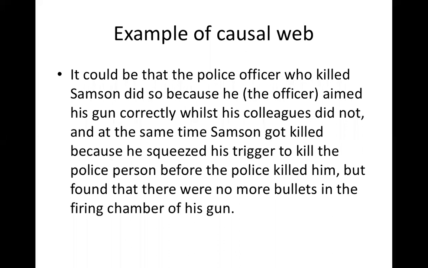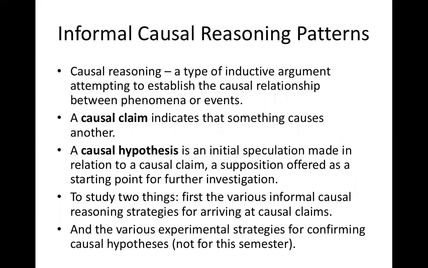So what led to Samson's death is that he pointed his gun at the police, the police pointed their gun at him, both of them pulled their trigger at the same time, but the difference is that there were bullets in the gun of the police, but there were no more bullets in Samson's gun. That's why Samson died. So that's a causal web, several causes occurring at the same time and contributing to the same effect. Okay, so that's that about different senses of the word cause, or different ways in which something can cause something.